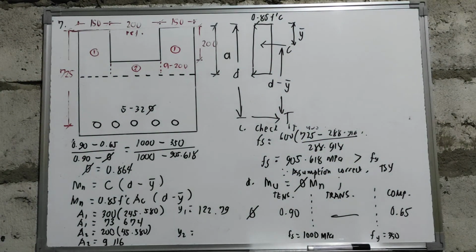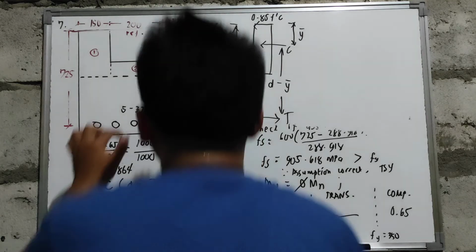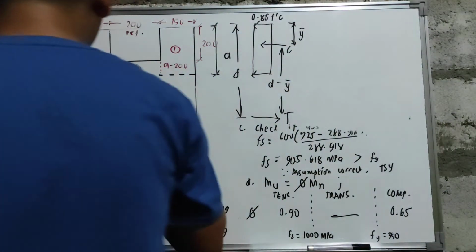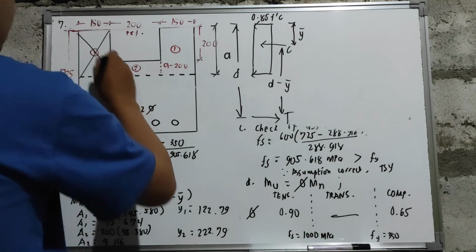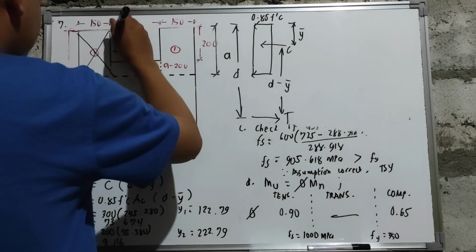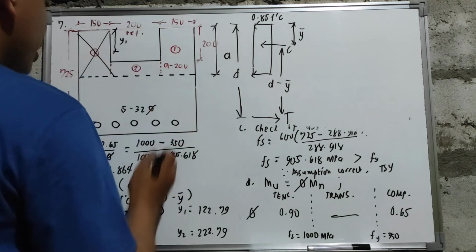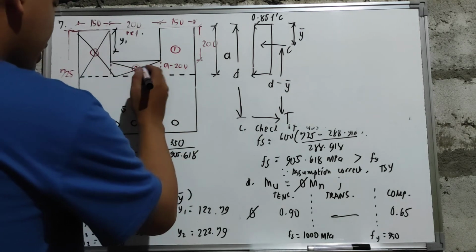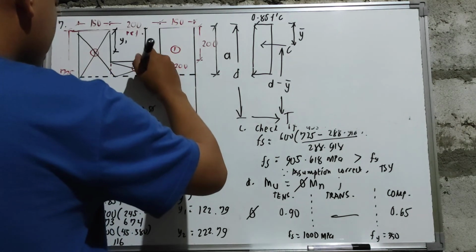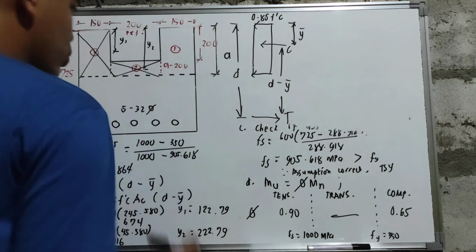So, you have a value of 222.79. Okay? So, yung reference nila, ito yung y1 natin. So, yung reference niya from this hanggang dun sa top part, that is y sub 1. So, from the center neto hanggang dun sa top part natin, that is y sub 2.